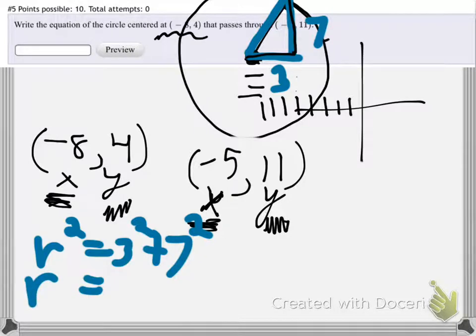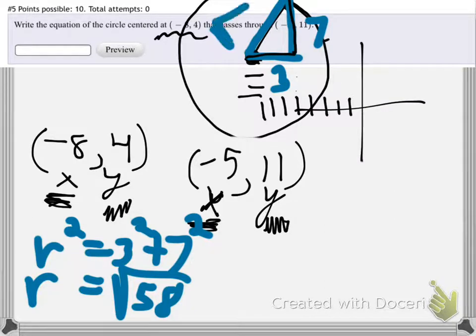So radius squared equals 58, and the radius is the square root of 58. Whatever that is, 7 point something. That's a radical 58 for the radius, and that's all we needed.